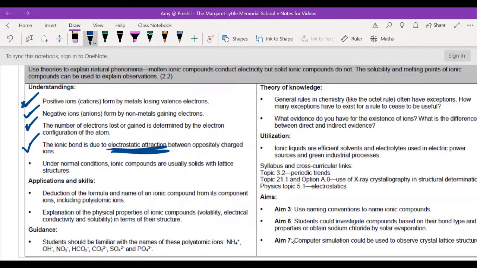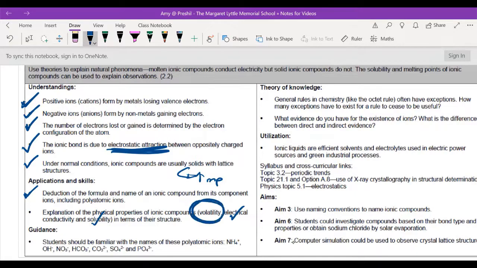Ionic compounds are usually solids. I didn't actually specify that, but I did specify that they have high melting points. Deduction of the formula and name of an ionic compound from its component ions, including polyatomic, we've just discussed. We've talked about electrical conductivity and solubility.